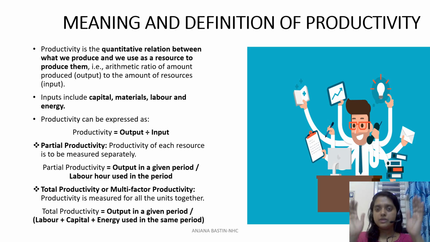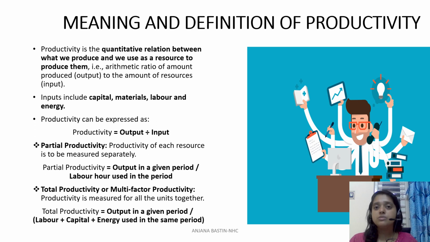What we have produced is our finished good or our output, and what we have used in order to produce the output is your resources or your input. So the arithmetic relationship between your output and your input, the ratio of output to input, is called productivity.